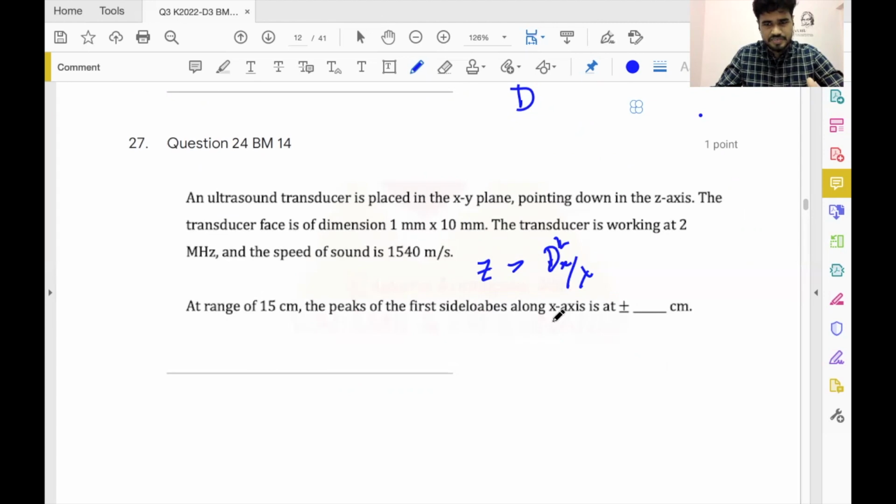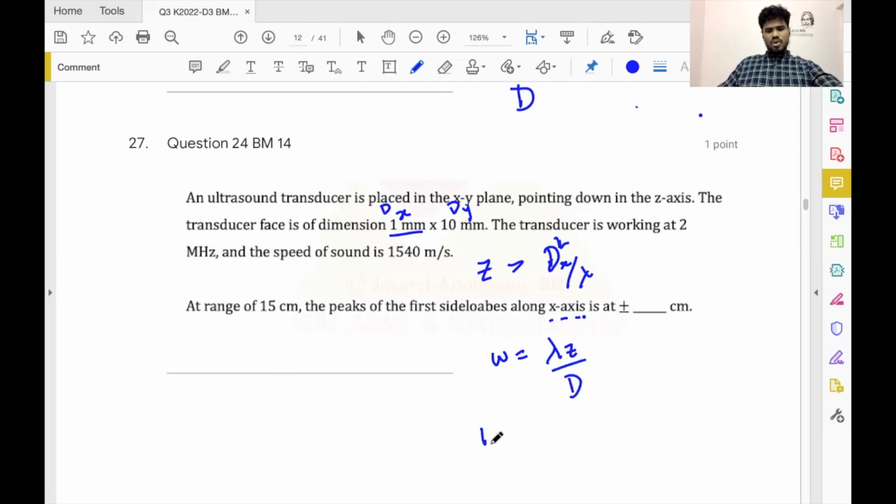What we want is along the x-axis. So along the x-axis we have dx, and along the y-axis we have dy. So just take this: w is lambda z by d. The peak of the first side lobe should occur at 1.5 w on either side.